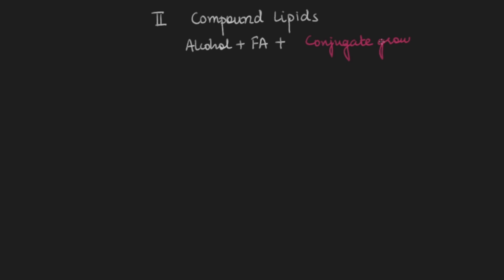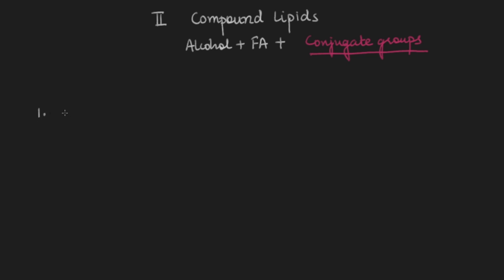The second class of lipids is compound lipids, also called complex lipids. Compound lipids will have these components: alcohol, fatty acid, and attached to them there are different conjugate groups. Depending upon what kind of conjugate group is attached to the alcohol and fatty acid, compound lipids are of three types.